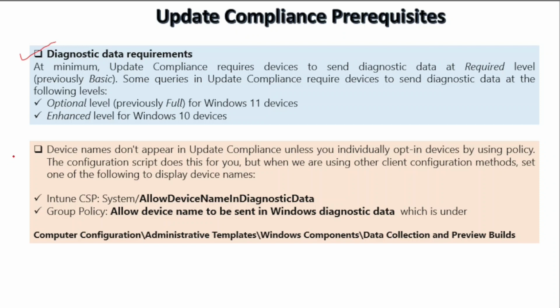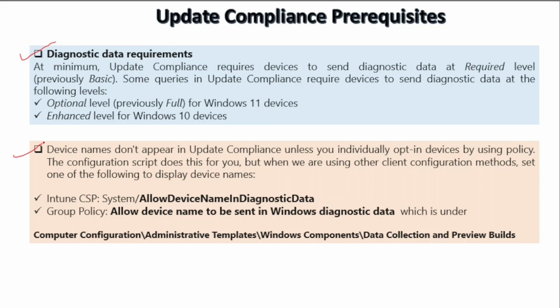The next prerequisite is the device name. Device name does not appear in update compliance unless you individually opt in devices by using policy. The configuration script does this for us, but when we are using another client configuration method, we can set one of the following to display the device name.